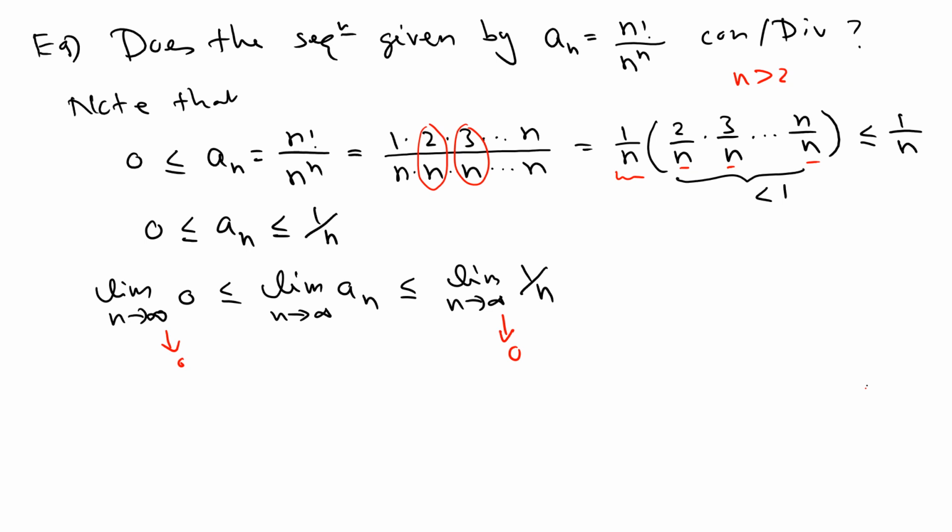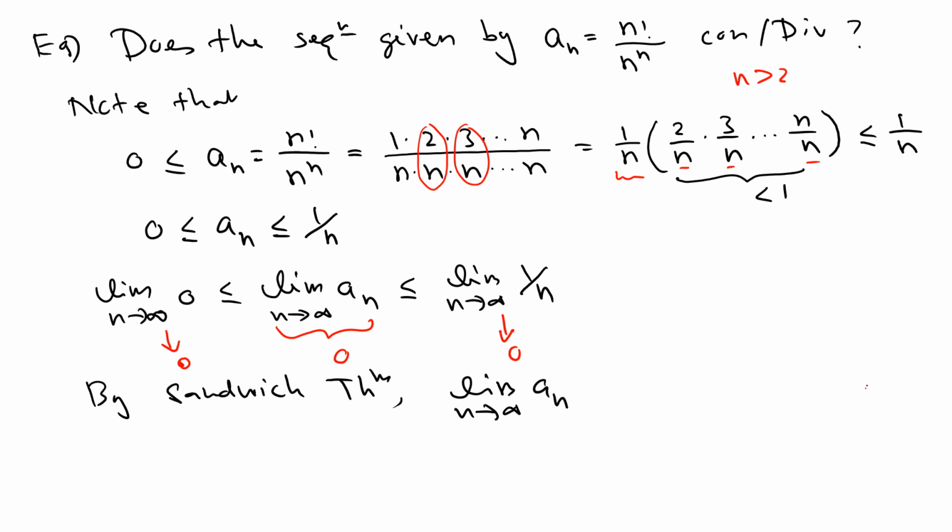That means by the sandwich theorem, this also has to be 0, because the two sides go to 0. So by the sandwich theorem, the limit as n goes to infinity of a_n equals 0. So the sequence converges. Those are the kinds of problems that you can do using sequence arguments.